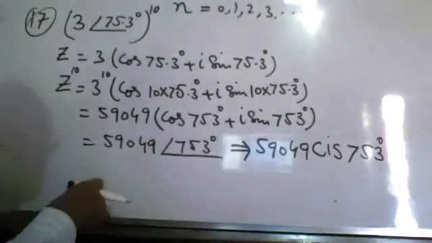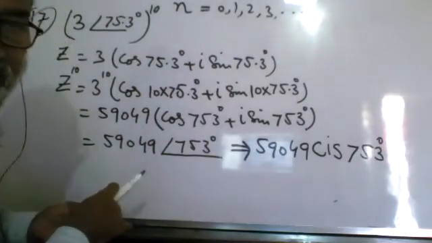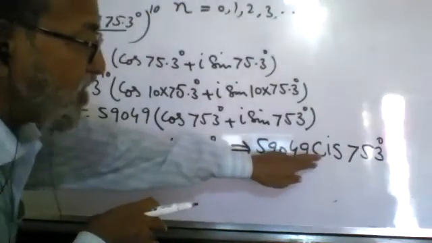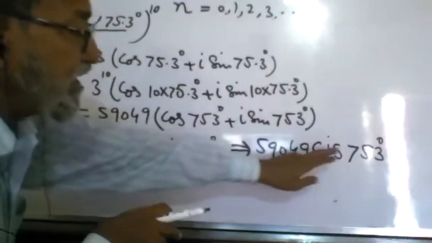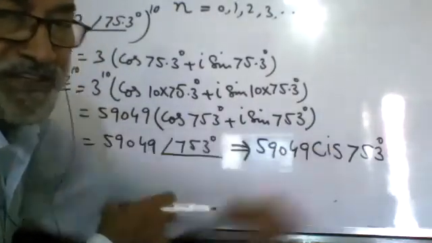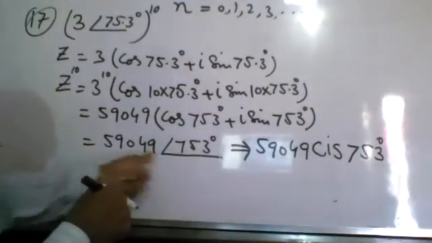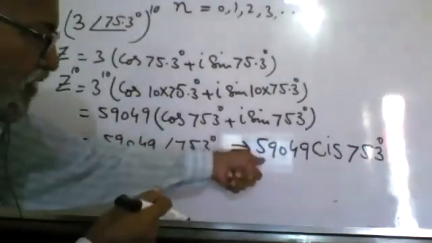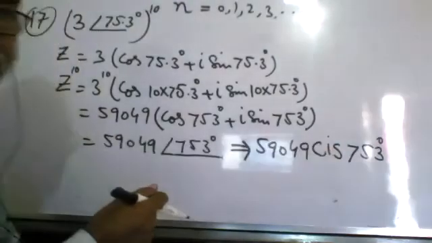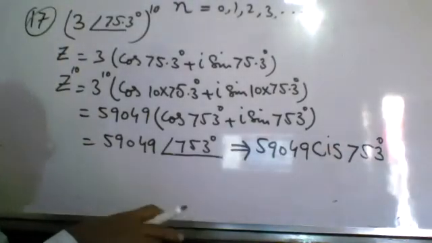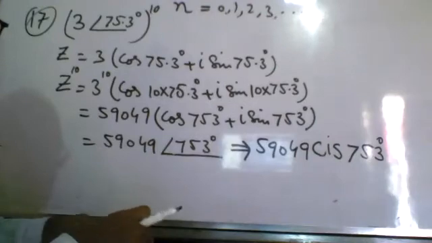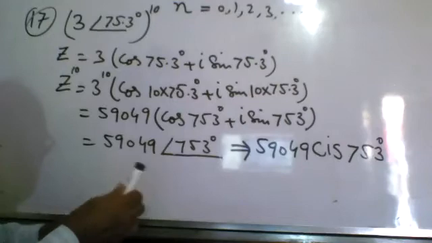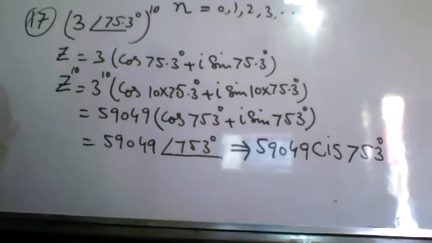That can be written in this way as well. R CIS theta means R(cos 753 degree + i sin 753 degree). So it can be written as R angle theta, or R CIS theta. In both ways we can write in polar form.